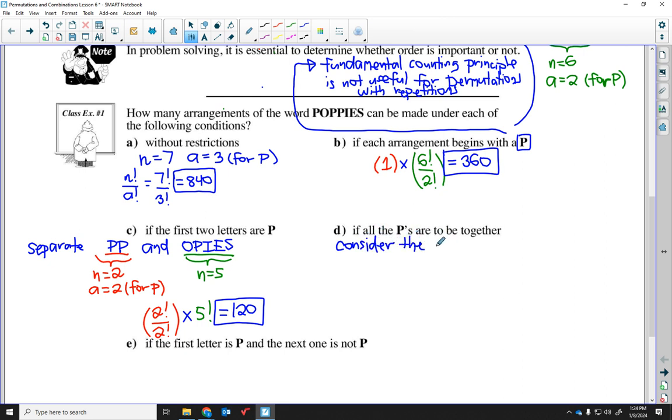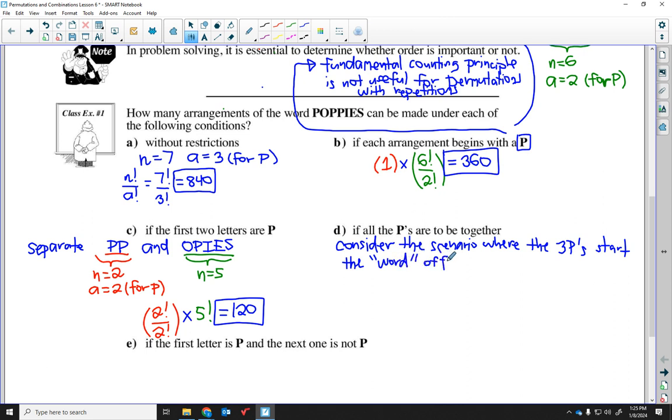the scenario where the 3 P's start the, I'll put in quotation marks, start the word off.